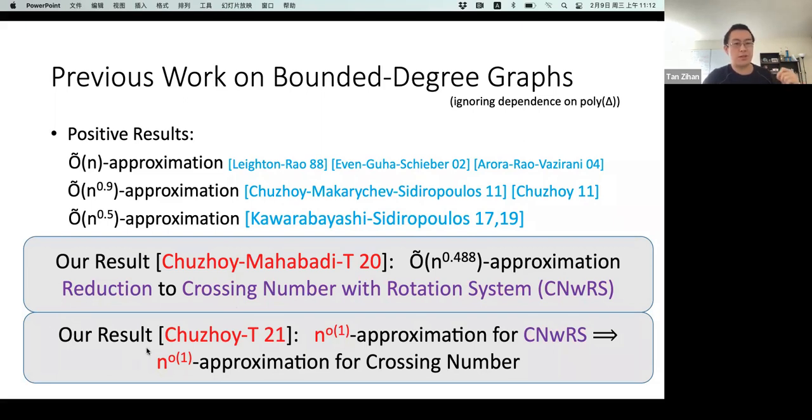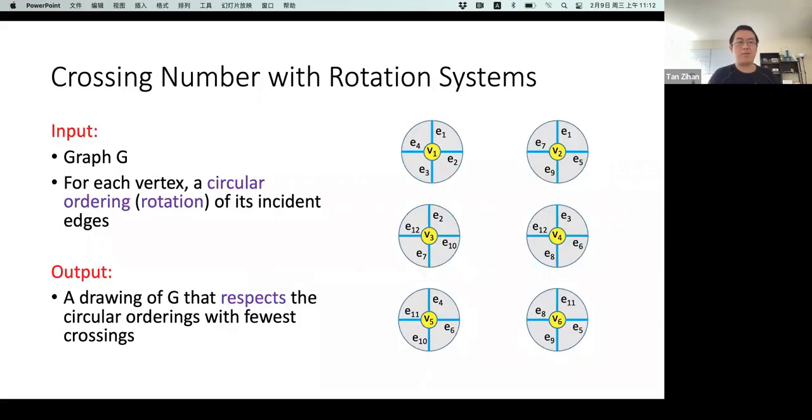Before I go to these two parts, let's first look at what the crossing number with rotation system problem is. Compared with the crossing number, it's a modified version. The input is not only a graph G, but also, for each vertex, a circular ordering, which is also called a rotation, of all its incident edges.